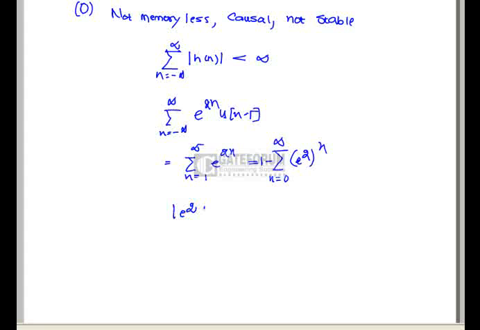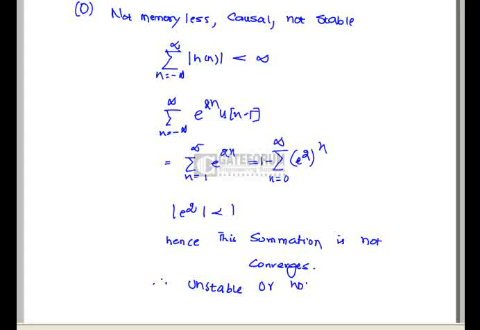The magnitude of e^2 is not less than 1, hence this summation does not converge, meaning unstable, or not stable. Hence option D is correct.